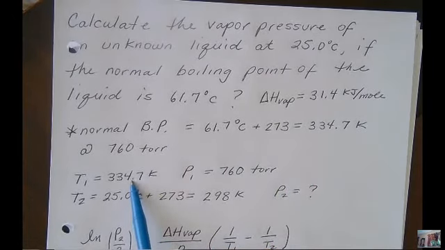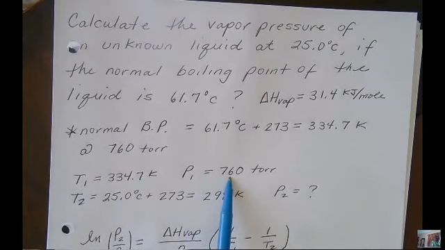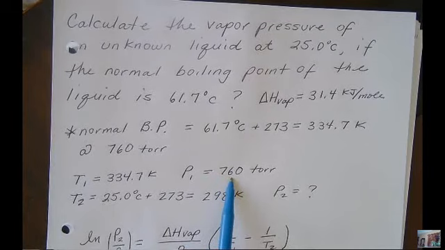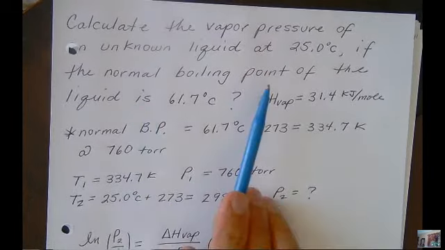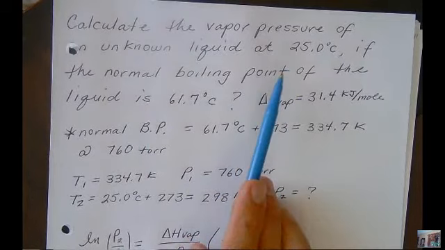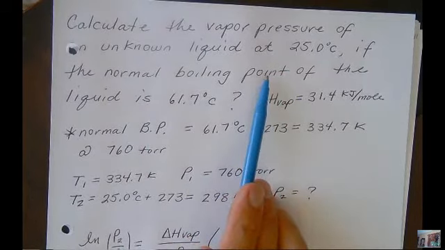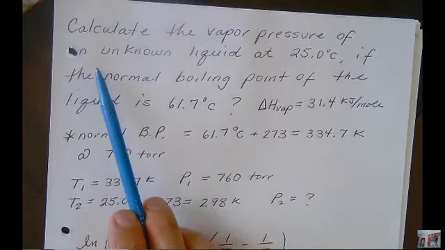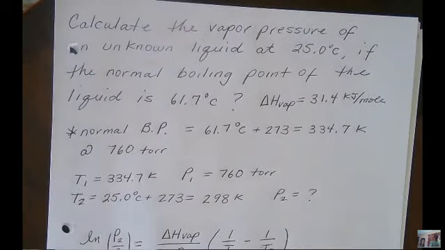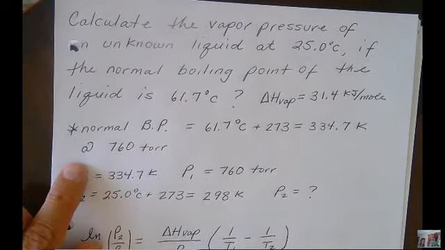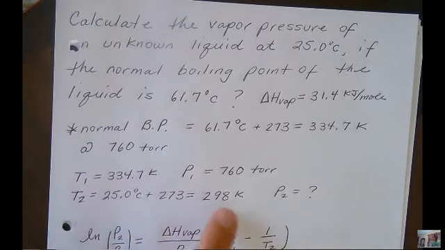So when we initially know the boiling point, we have the T1 now, and we have the P1.